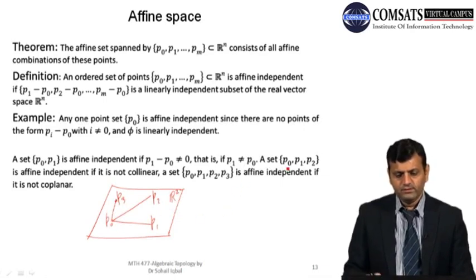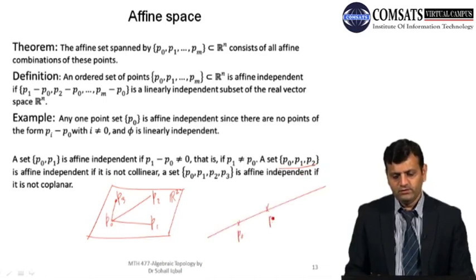Similarly, let's say p0 p1 p2 are on the same line, so the vector p0p1 and the vector p0p2 are not linearly independent, because of course they are parallel and they are scalar multiples of each other.